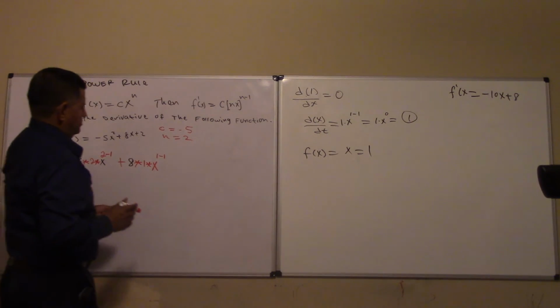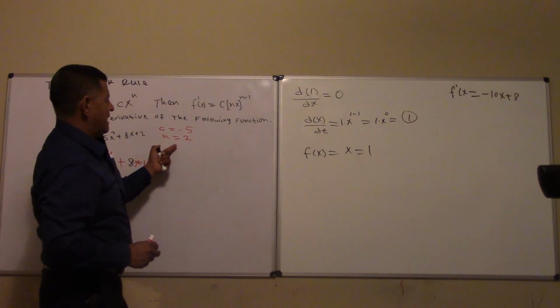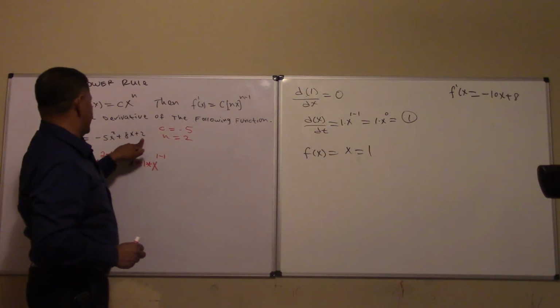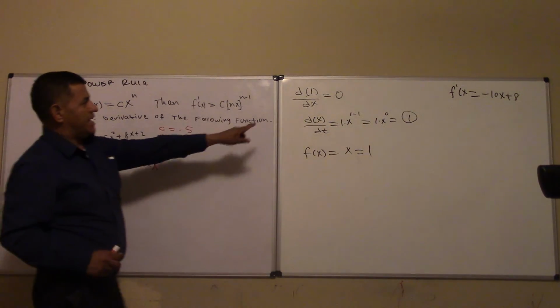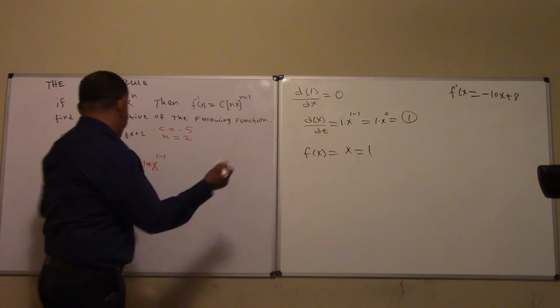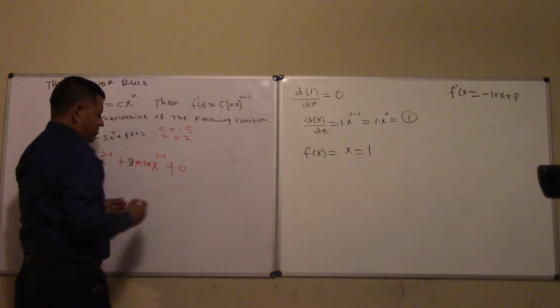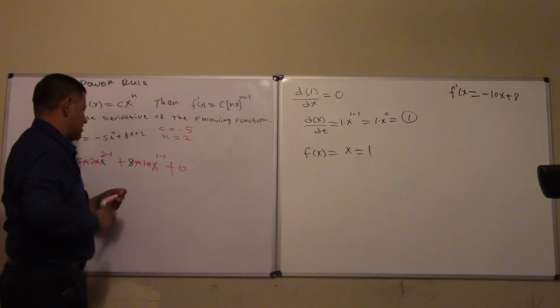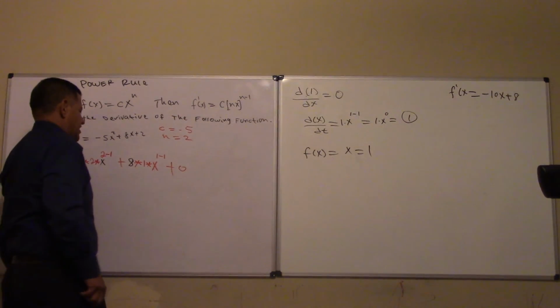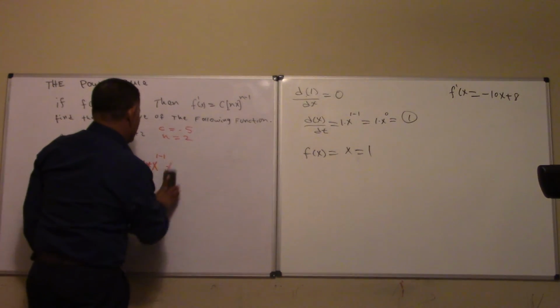Now here, what do I get? I just get 0, right? We have a definition. So you don't have to do anything here. You can put plus 0, but it doesn't make any difference.